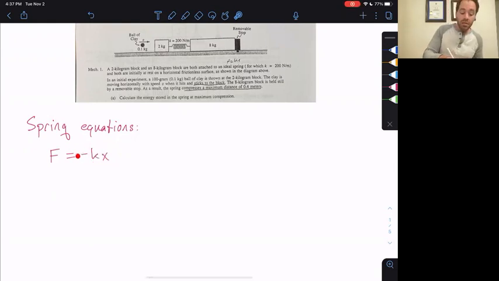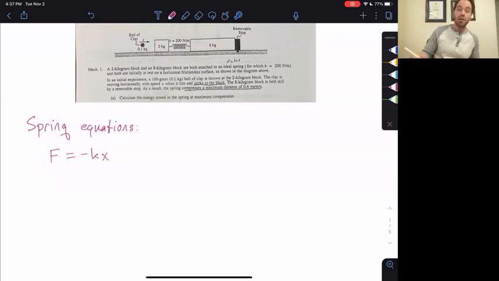The reason for the minus sign is that the spring will try to deform in the opposite direction from how it's been deformed initially. Say that you compress the spring. Well, the spring will not try to exert a force that compresses it more. It'll exert a force that tries to extend or restore its original shape.